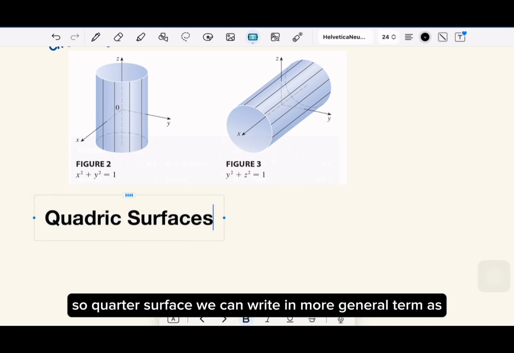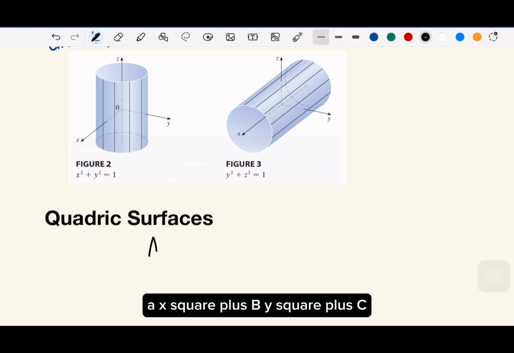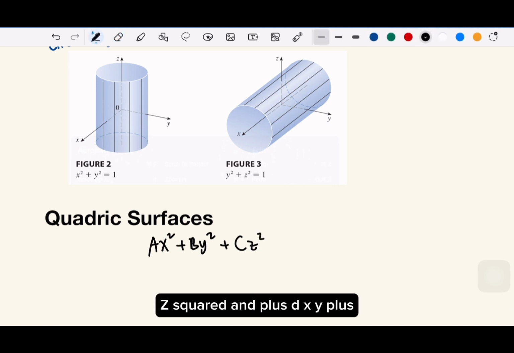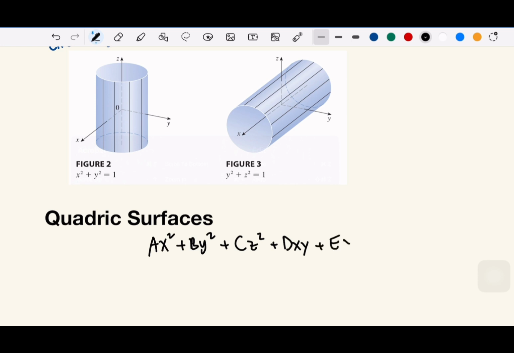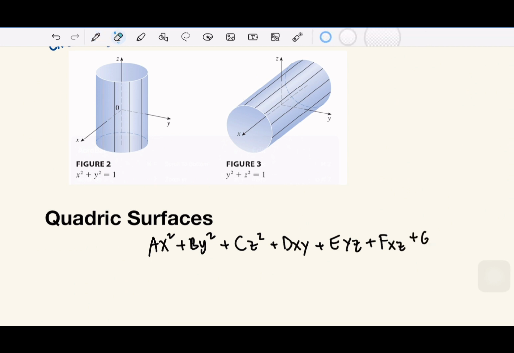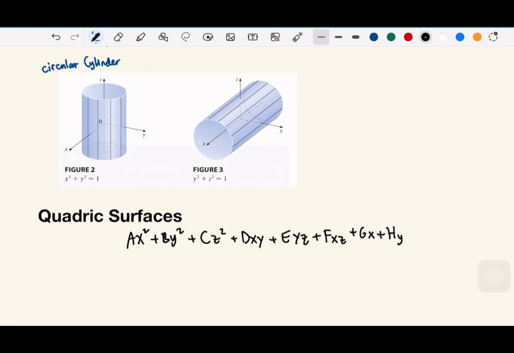We can write it in more general terms as ax squared plus by squared plus cz squared plus dxy plus eyz plus fxz plus gx plus hy plus iz plus j.